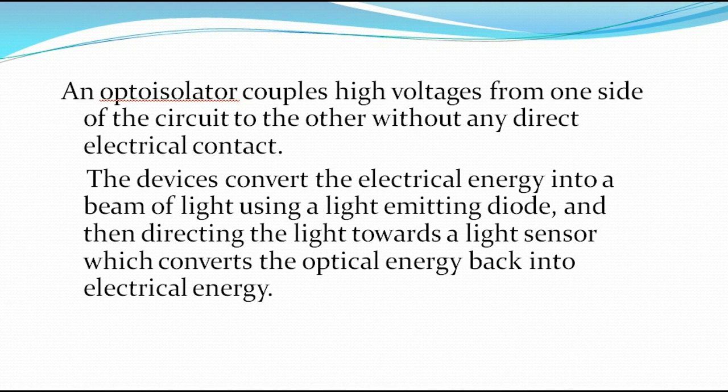The bridge works as an optocoupler, which joins the higher voltage to the lower voltage, or transfers high voltage to the other circuit. It transfers voltage from one circuit to another, which means it joins two circuits together when they are isolated.